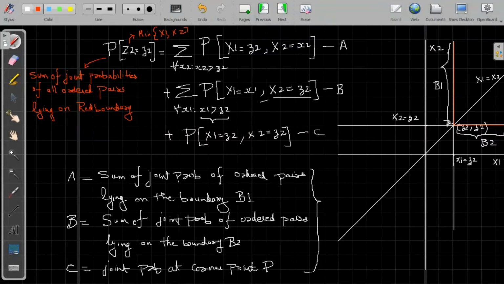So this is the final conclusion of obtaining the PMF of the minimum function.